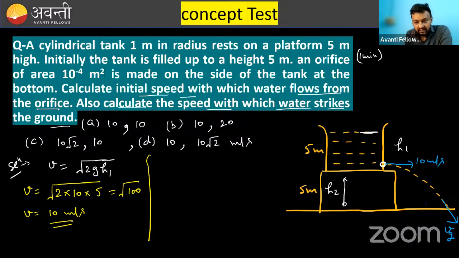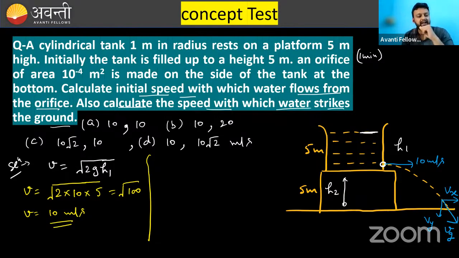Now, you need to calculate this velocity. First thing that you can see here is that this velocity will have two components, one in the x direction, one in the y direction. You need to calculate both of these components to find the velocity at the ground. Now, have a look at that. When this liquid starts coming out of the orifice and falling, there is no acceleration in the horizontal direction.